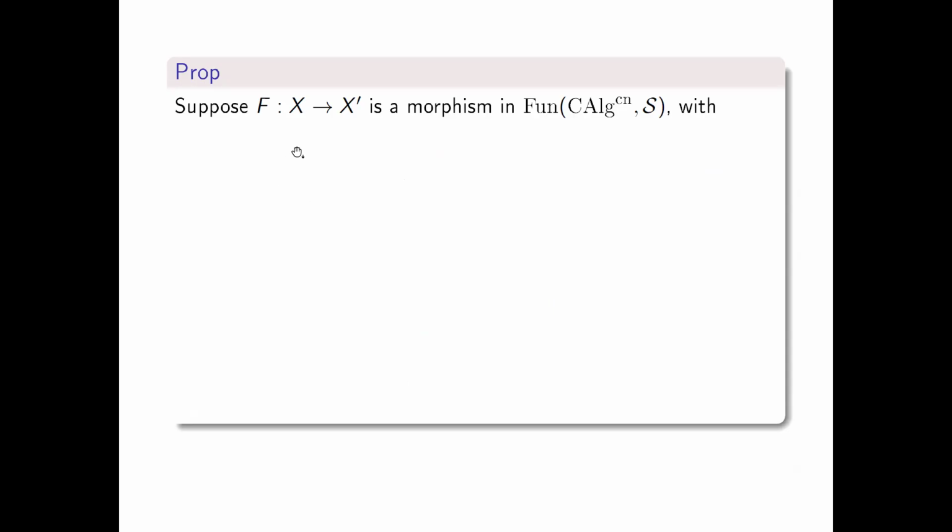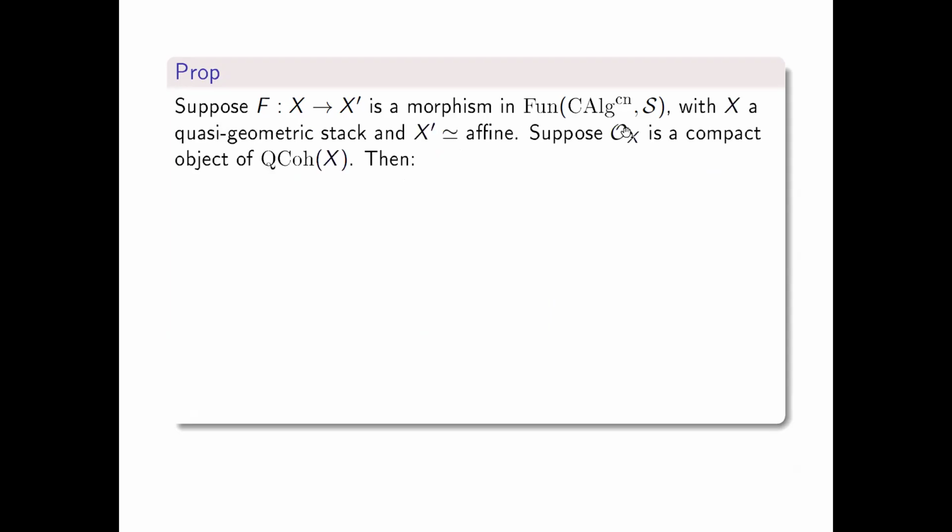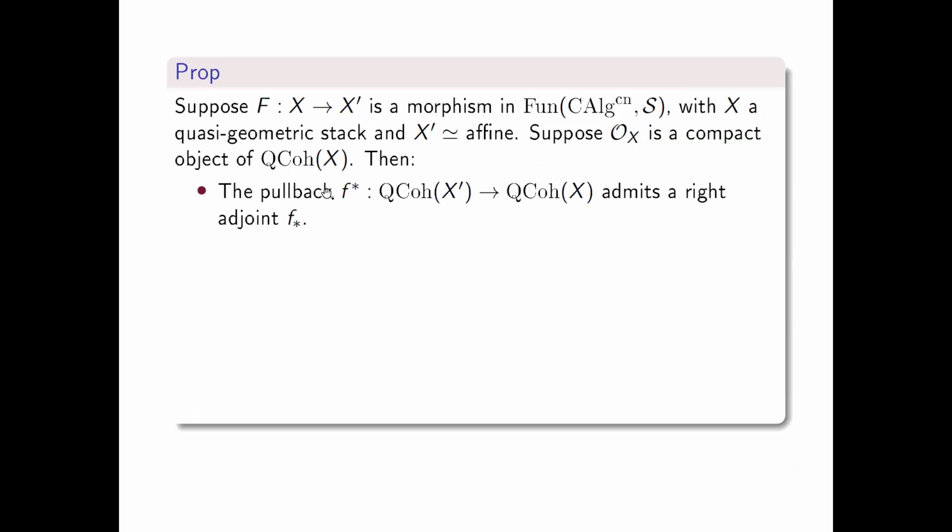So here's another proposition. Suppose you start off with a morphism f from X to X' in the functor category of functors from Cn out to S, with X being a quasi-geometric stack and X' being affine, and suppose O_X is a compact object of QCoh(X).